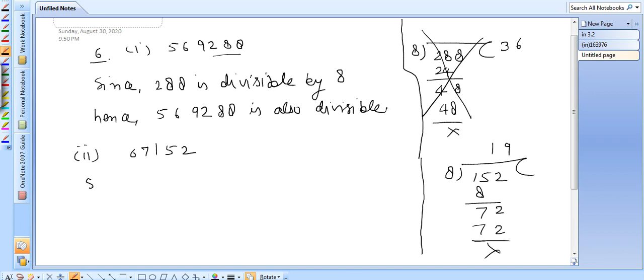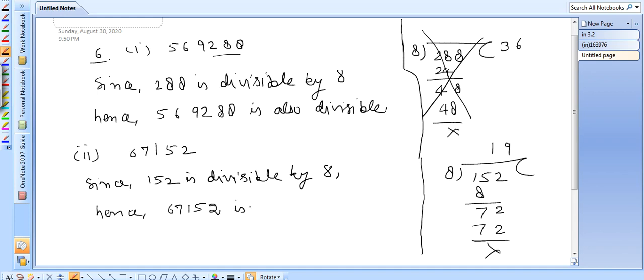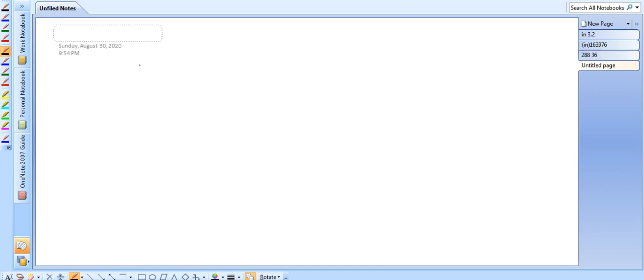Give the same reason. Since 152 is divisible by 8, 67152 is also divisible. Okay, note it down. Now I solve the fifth part.